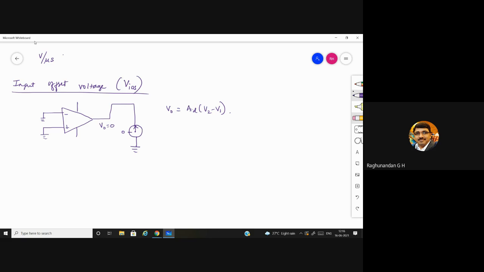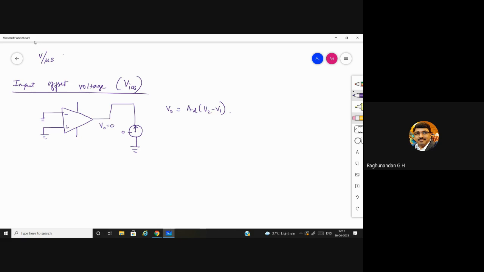The input voltage which is responsible for this non-zero output voltage when both the input terminals are grounded or equal is known as input offset voltage.